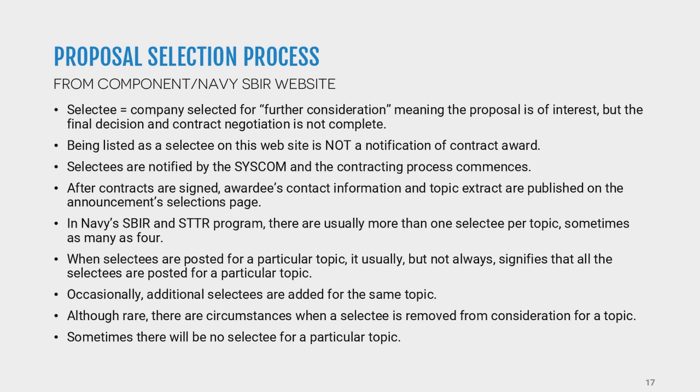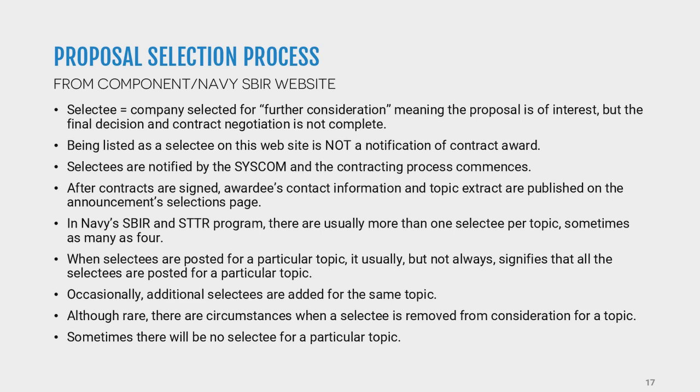Okay, proposal selection process. I'm not going to go through all of this, but this is a really good process that is available. It's public facing from the Navy SBIR website, and it really goes through what it means to be a selectee. Again, a selectee means you received a letter that says you were competitively selected for contract award.